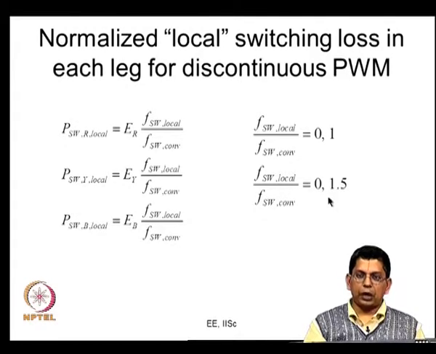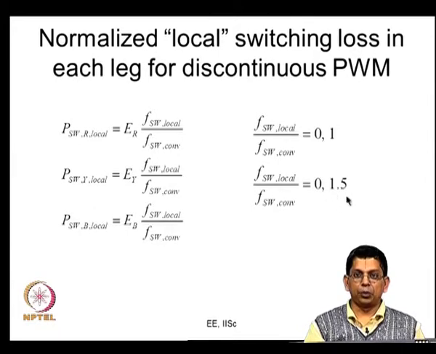Okay. So, if you increase the carrier frequency like this, your device is switching at the same average switching frequency, but you will be able to achieve lower harmonic distortion at high modulation indices. This is also a fact which we have studied and it has been widely reported in the literature. We also saw a few paper references which talk about this.